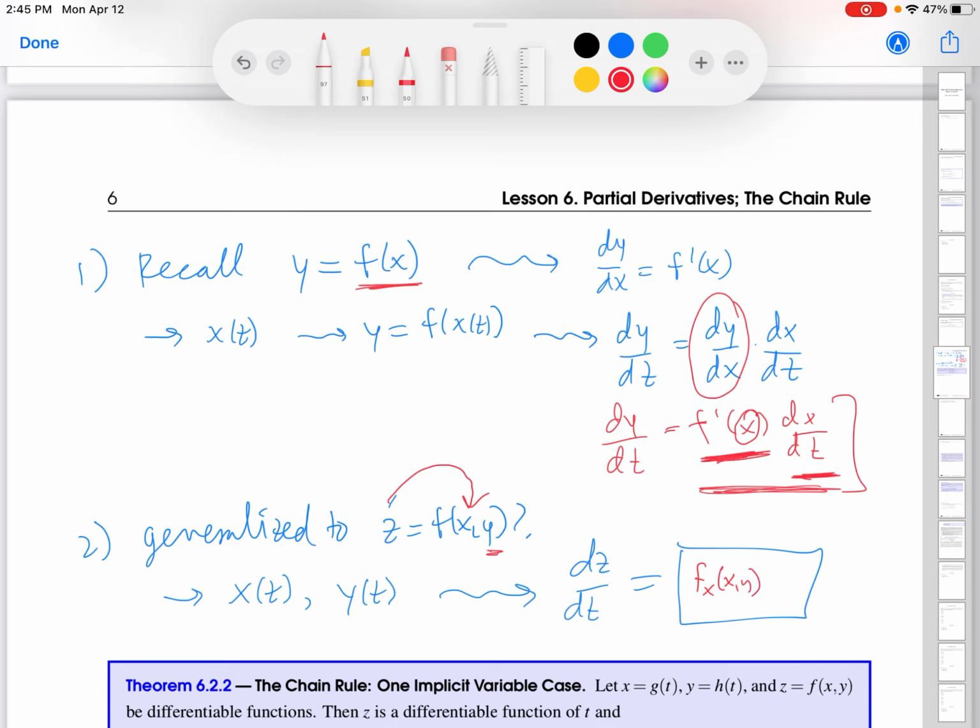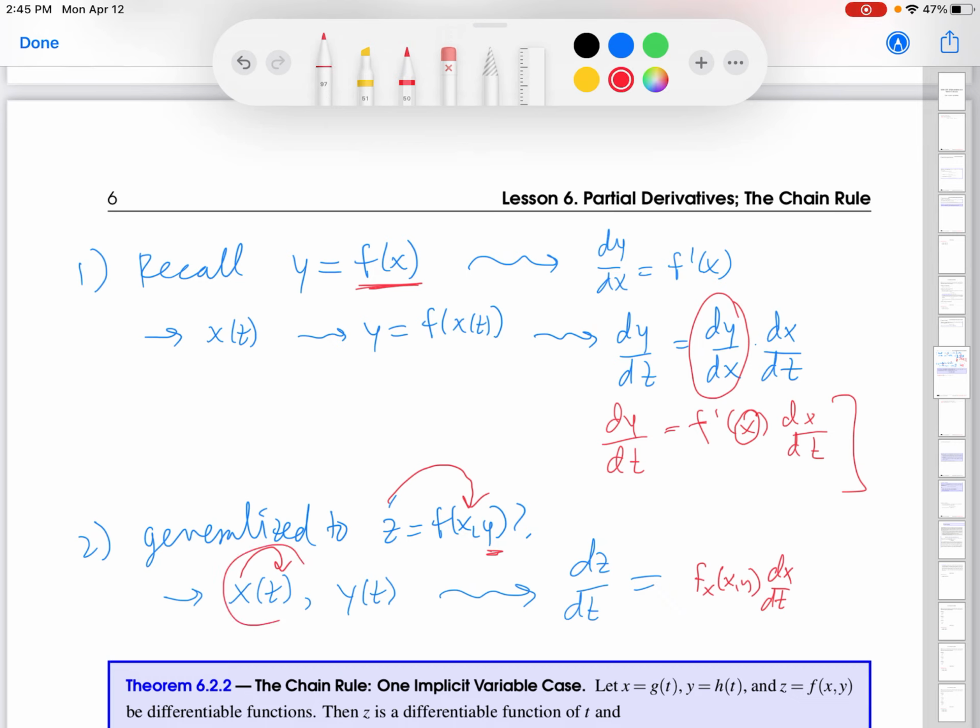And then the derivative of this variable with respect to t, it's a single variable function, so that is dx/dt. Okay? So that seems to be an immediate generalization of this. We replace the single variable derivative with the partial with respect to x. You might say, okay, I'm done. But I would say, wait a minute.